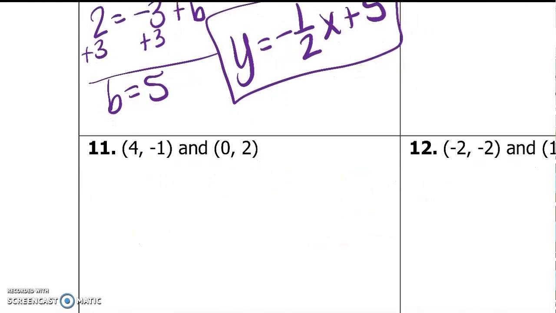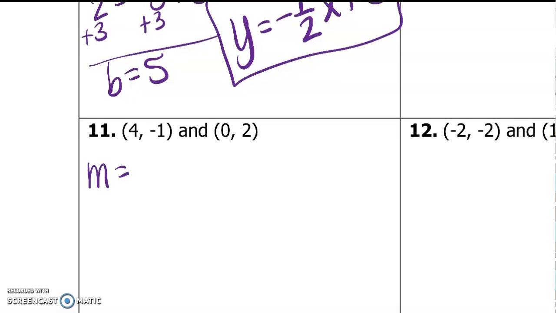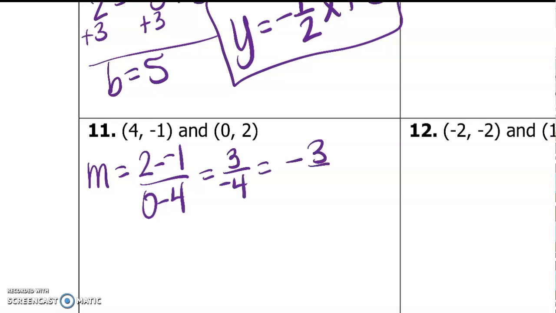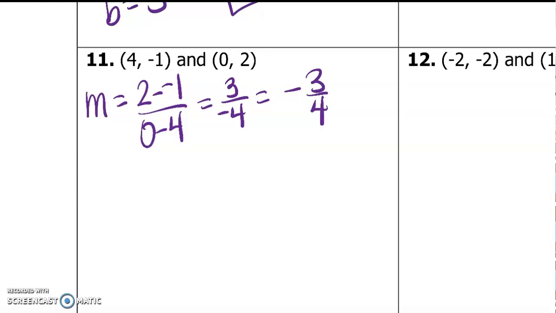For 11, m equals 2 minus -1 over 0 minus 4. That gives us 3 over -4, so you might want to write that as -3/4. It's up to you. We usually don't like to have the negative in the denominator. So again, maybe you recognize that's your y-intercept, so you can write your equation right away.